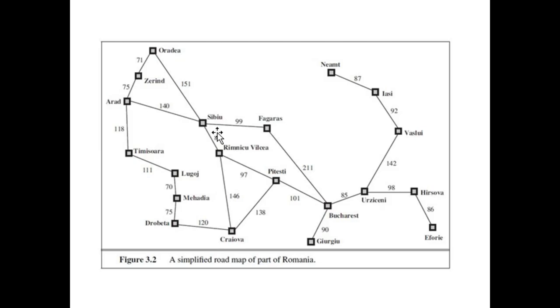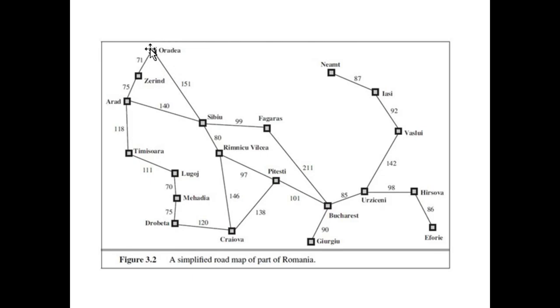If we want to calculate the heuristic value of S, then we will make a straight line from S to B, and the resultant distance of that line will be our heuristic value for S node. In the same way, we will mark the straight line distance from Z to B, and the resultant value of that straight line will be our heuristic value for Z node.